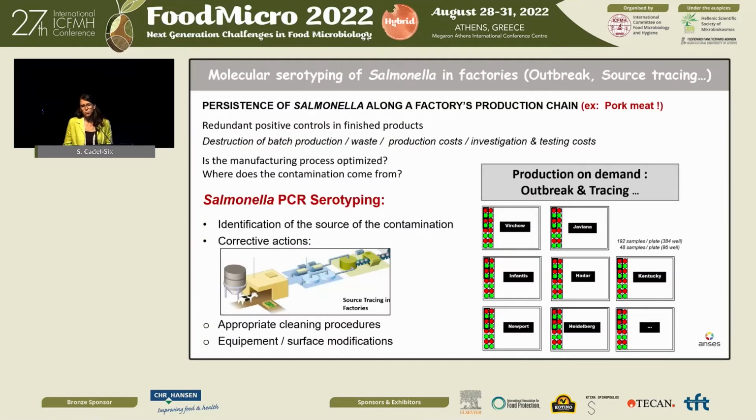So this kind of approach can also be used with other applications, such as investigation of the presence of Salmonella along a factory production chain to make source tracing, to identify the source of contamination, but also to check the efficiency of corrective actions along a factory production chain to eliminate one specific clone, or check appropriate cleaning procedures or equipment surface modifications.